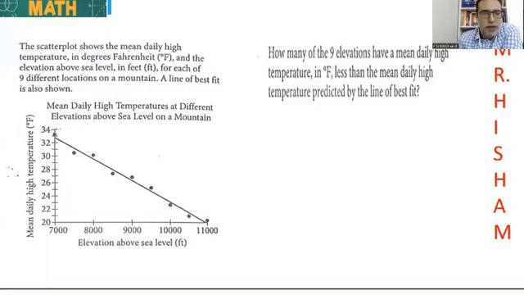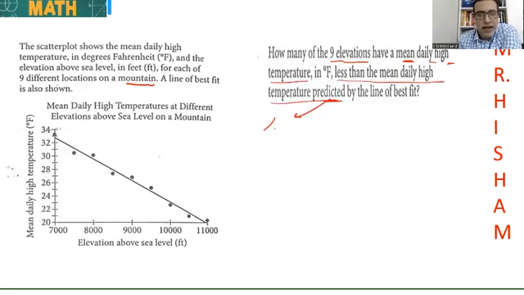The scatter plot shows the mean daily high temperature in degrees and the elevation for 9 different points on a mountain. How many of the 9 elevations have a mean daily high temperature that is less than the mean daily high predicted?